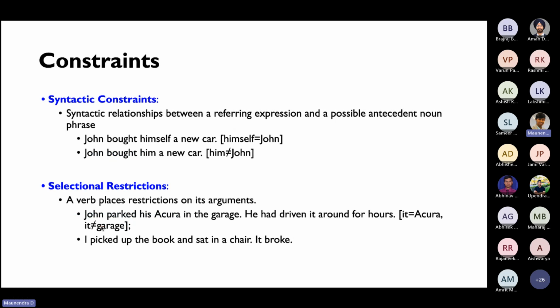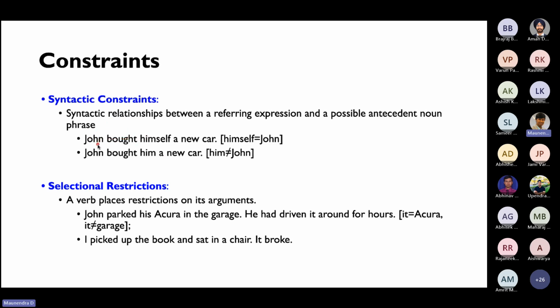Then there come a few constraints. So there can be syntactic relationships between a referring expression and a possible antecedent noun phrase. If you look at this one, John bought himself a new car. So the word himself indicates that there is a connection between these.